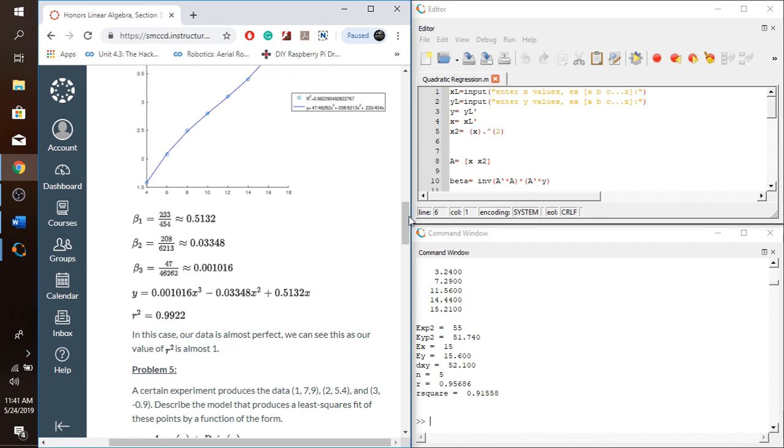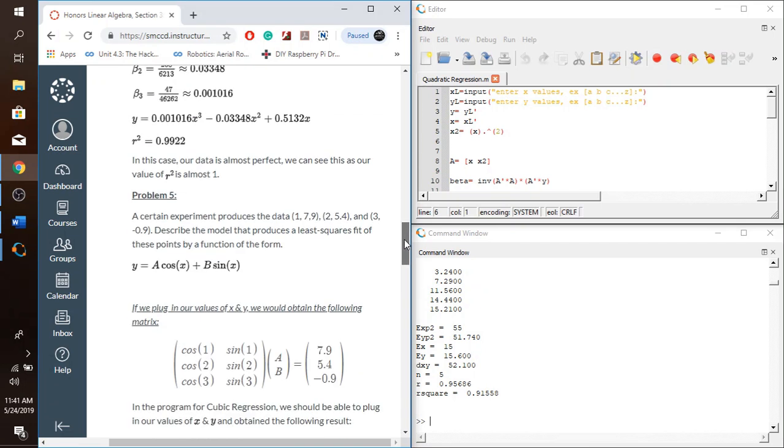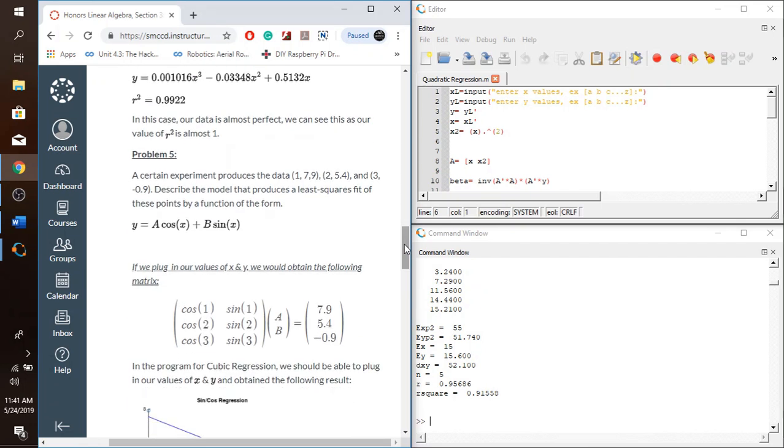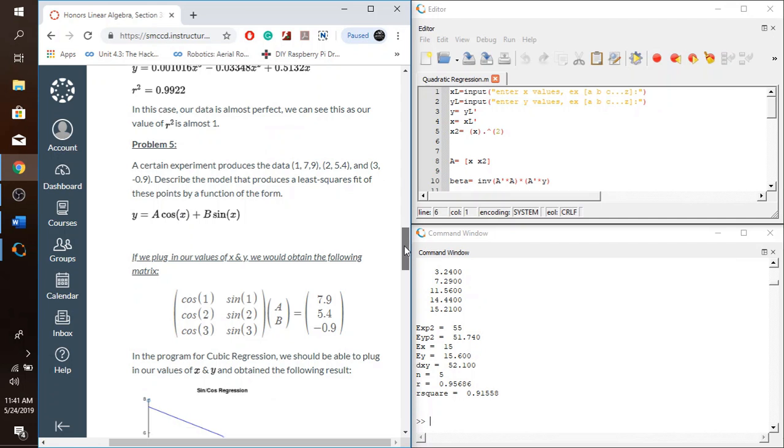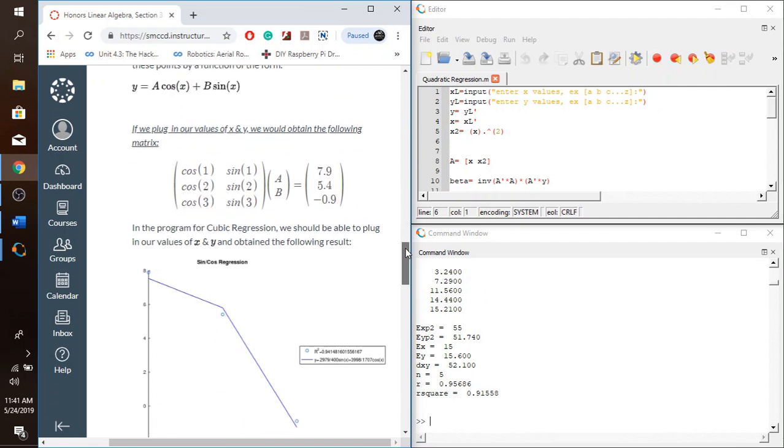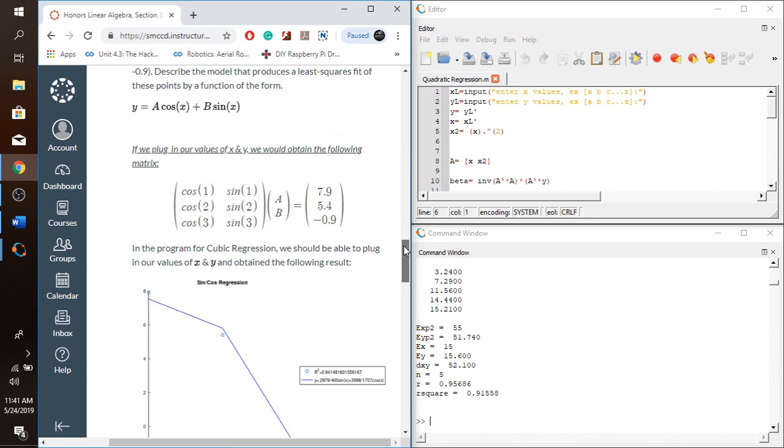And then our r squared. So I did two other programs, which are the sine cosine sort of function, which is in this form. This one works similar to this one. Just change the model, the model is different, and it gave us this program.